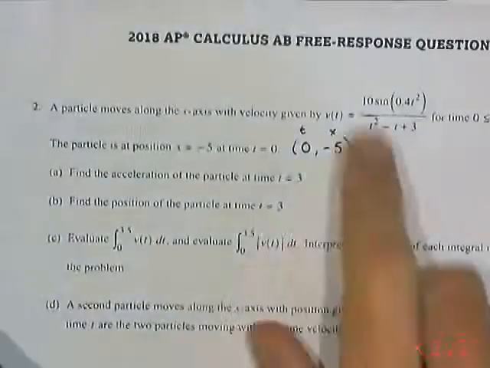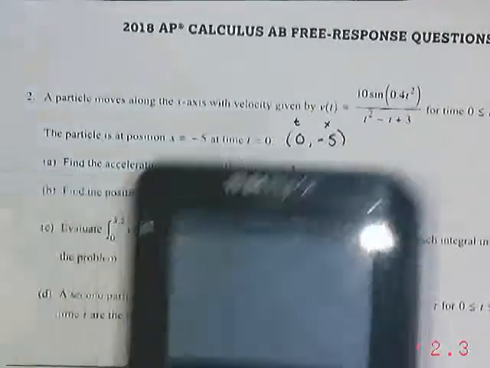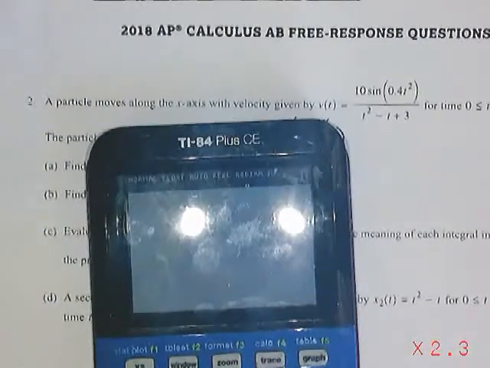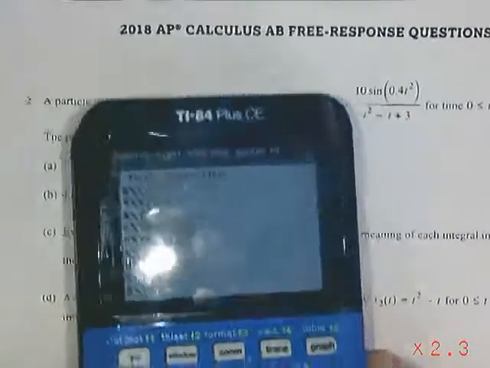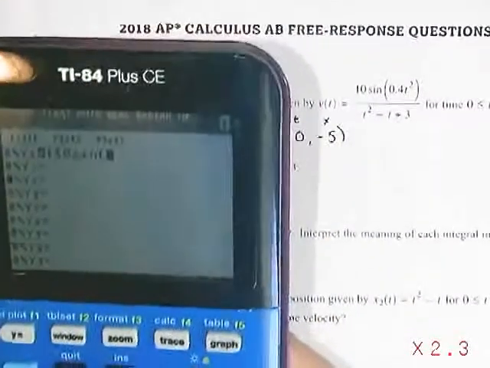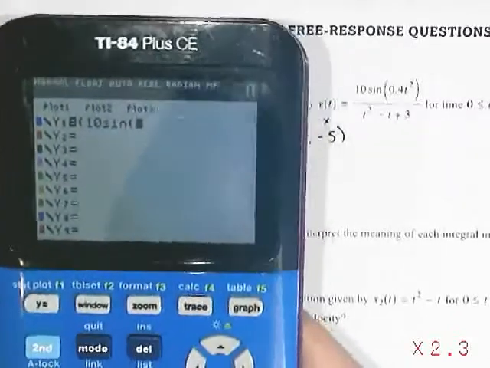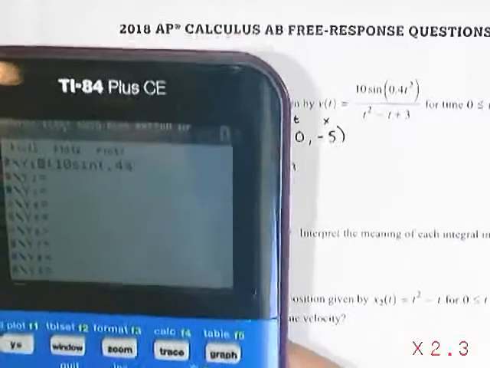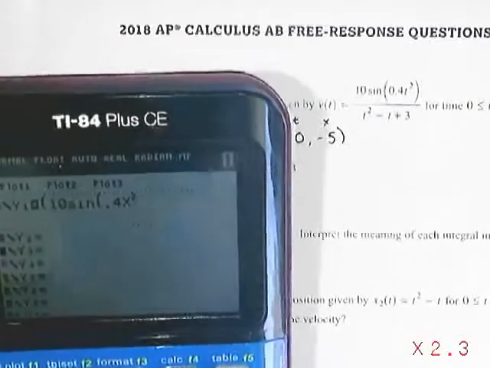Actually, before we jump in, let's enter this velocity function into our calculator. So y equals 10 times the sine of 0.4t, which we'll call x, squared.